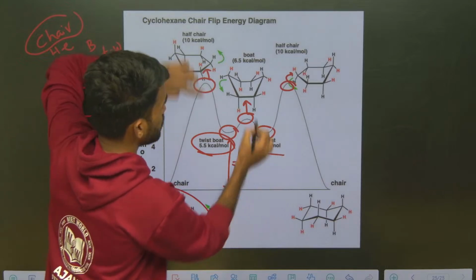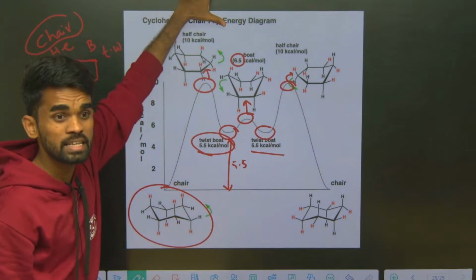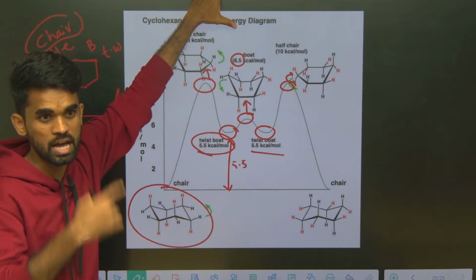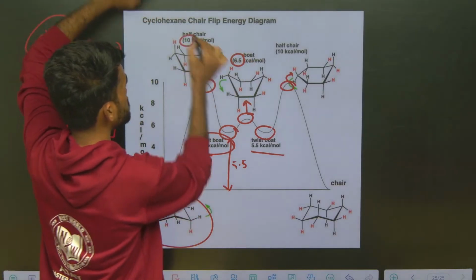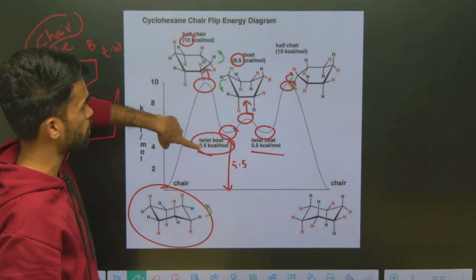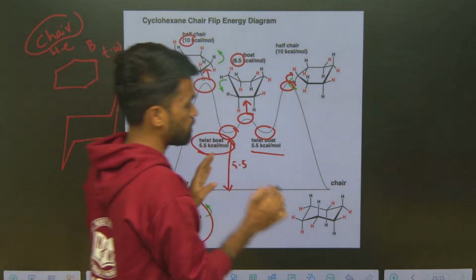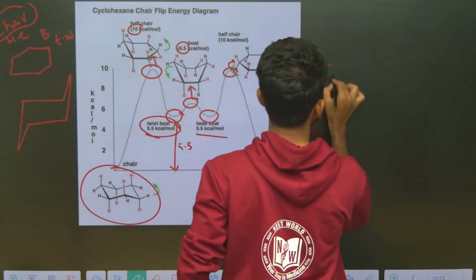Next, the boat form, 6.5. Yesterday they asked the ethane question, where I showed you the energy difference they gave for staggered and eclipsed. Similarly I am giving it for this. So half chair is 10. So 5.5, 6.5, 10. Okay, and how can you remember this stability order? I will tell you one code word you can remember.